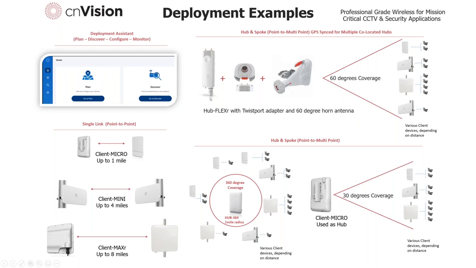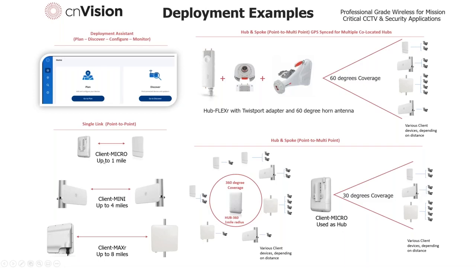And a hub such as the Hub FlexR, representing flexible and ruggedized, you can attach third-party antennas or Cambium antennas and create a coverage area where you can put clients, and those clients would essentially plug into a PoE brick, which will go to a switch, and that switch will have additional cameras plugged in, and those cameras will transmit their video, but it will be coming through the wireless link onto the hub and then onto your network.